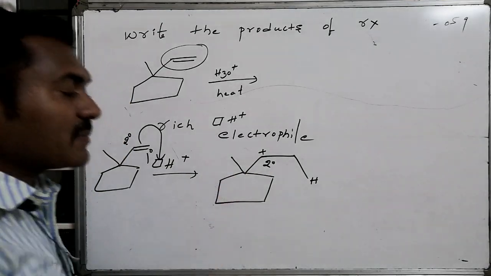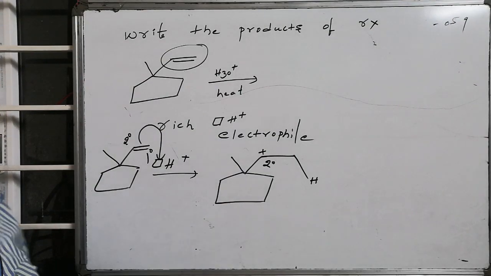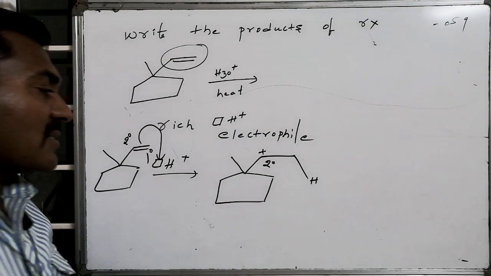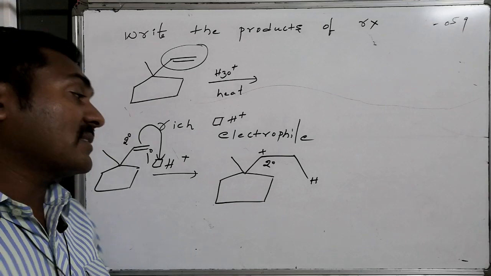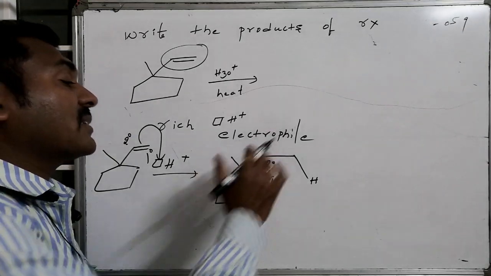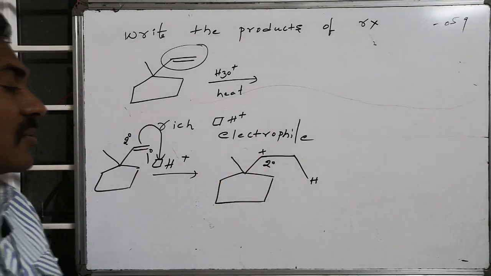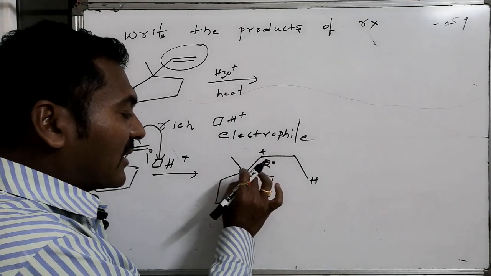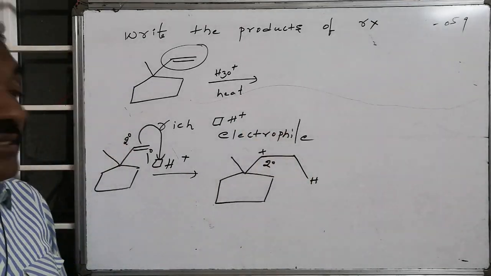Generally cyclopentane is stable, and it is not necessary for it to convert to a 6-membered ring system, but in this case, if it is converted to a 6-membered ring system, the secondary carbocation is transferred to a tertiary carbocation.